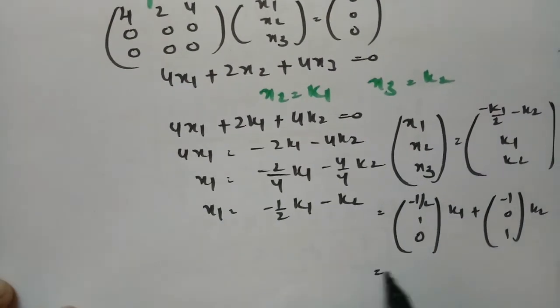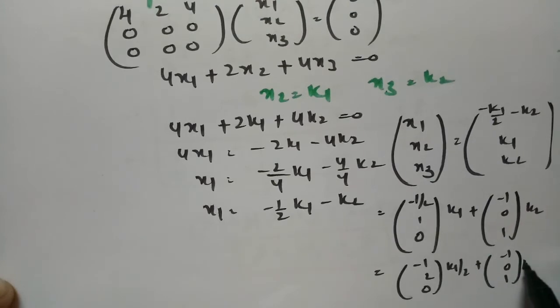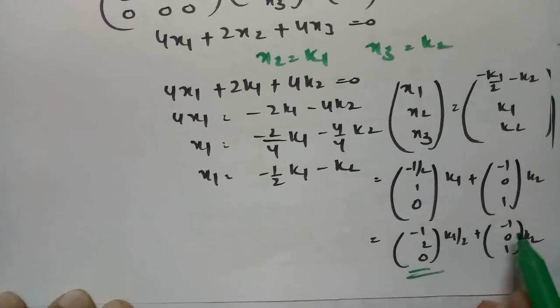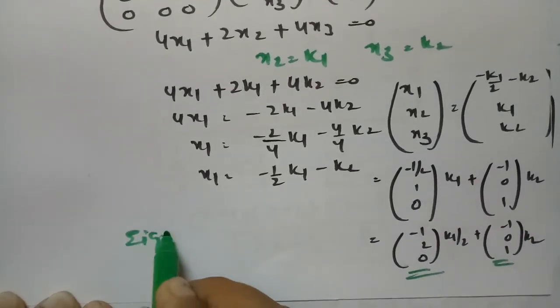If I multiply by 2, this will be (-1, 2, 0) times k1/2, which is again a constant, and (-1, 0, 1) times k2. So these are the eigenvectors: (-1, 2, 0) and (-1, 0, 1).